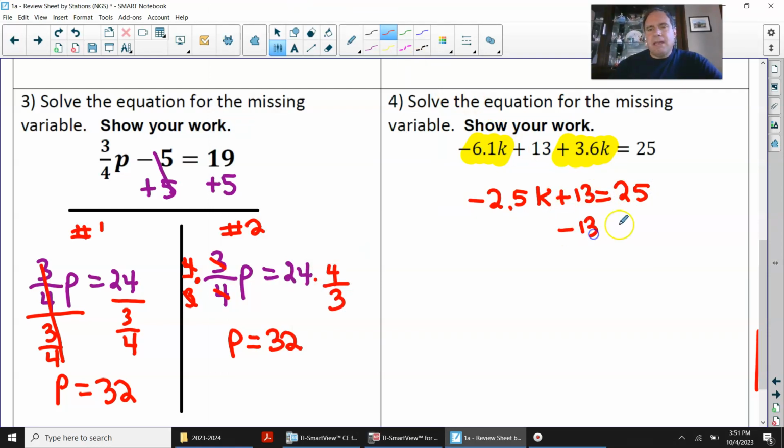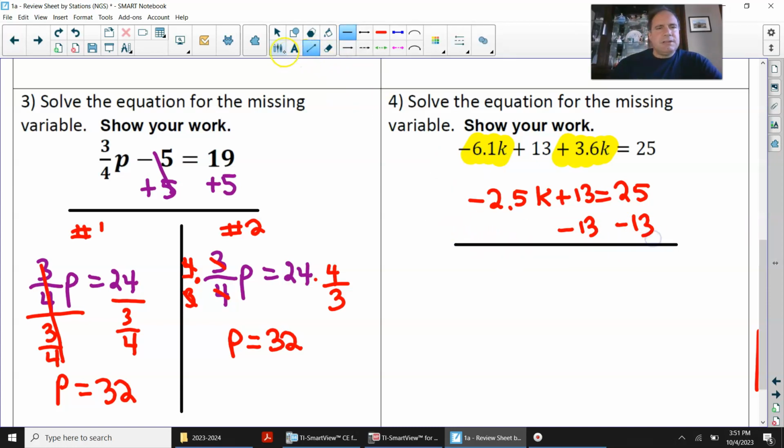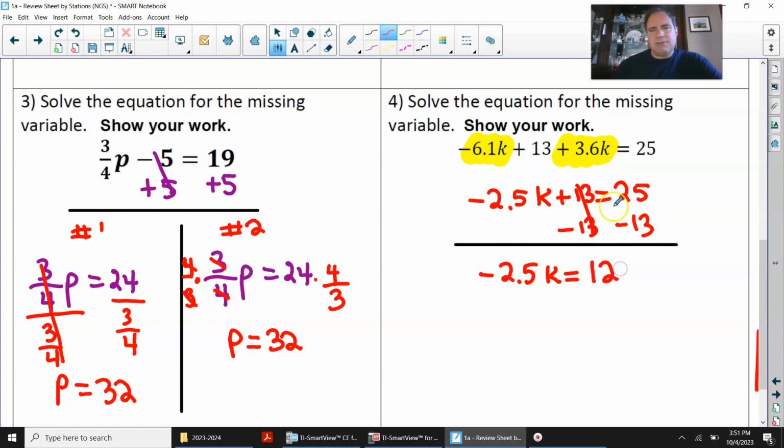Then you just go ahead and subtract the 13 on both sides. Remember, you're using inverse operations to get that 13 across the equal sign. You get negative 2.5K equals 12. 25 minus 13 is 12.